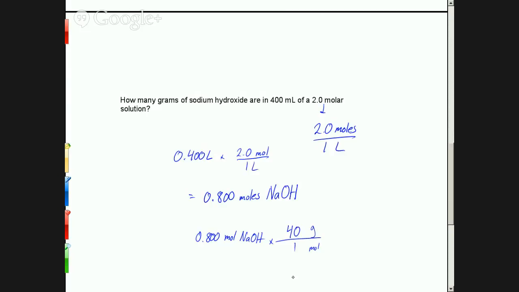We add those all together. All right, so 0.8 times 40 is going to be 32. So that means that in this solution, this 2 molar solution, in 400 milliliters of it, we have 32 grams of sodium hydroxide.